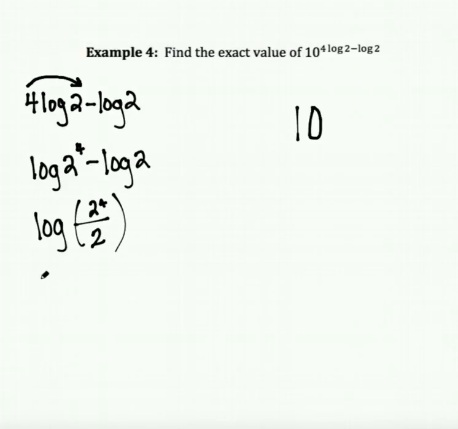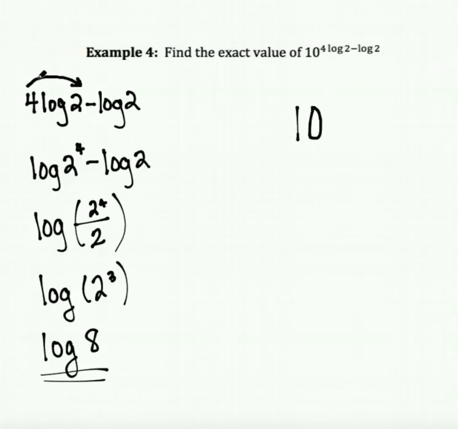Well, I know that that can reduce. 2 to the 4th divided by 2 is 2 to the 3rd, which is simply log of 8. All right, so now I'm going to take that. I know that this is my power. I just simplified the exponent. It was 10 raised to this power.